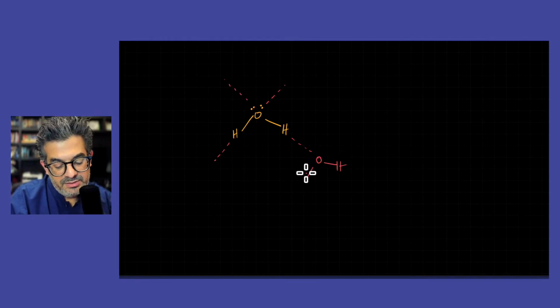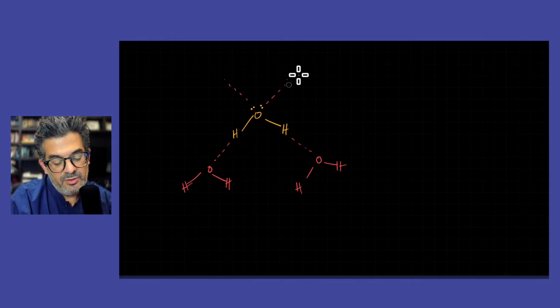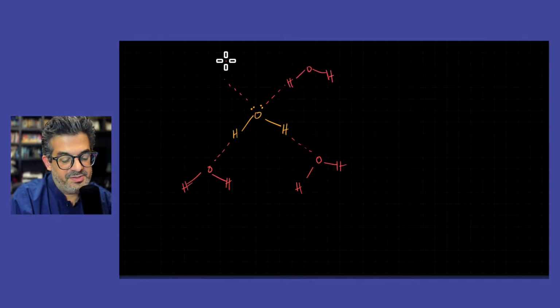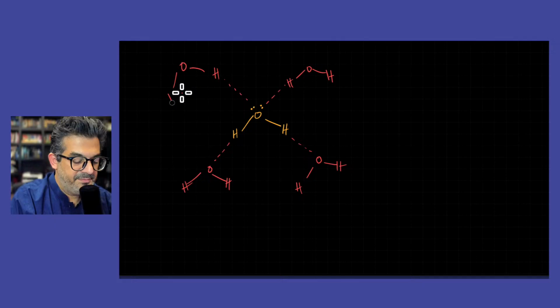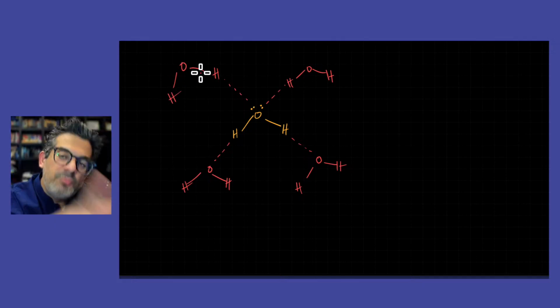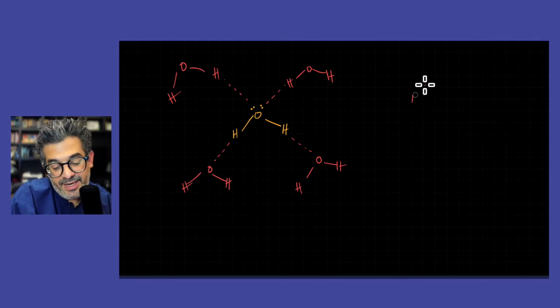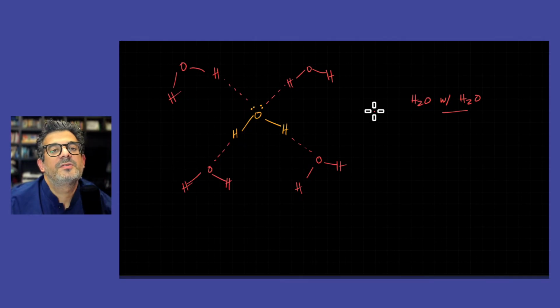H's can bond with other O's, and the O's can bond with other H's, like that. So the lone pairs make 2 bonds and the H's also make 2 bonds. So if it's H2O with H2O, then each is making 4 bonds.